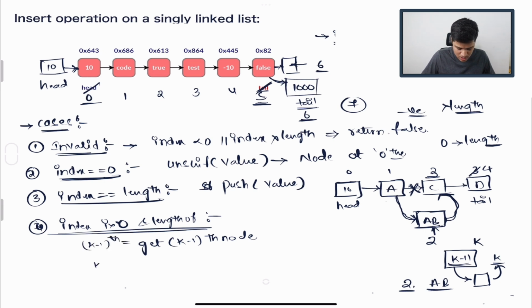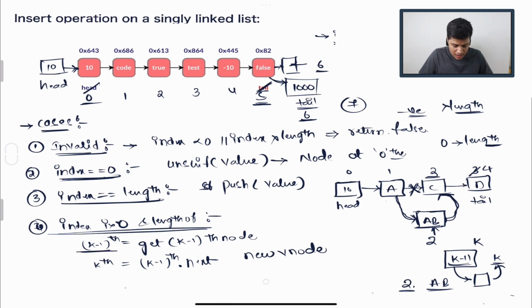Now the kth node will be this k minus 1th node dot next, right? Now with whatever value the user has passed, we will create a new node. Now this k minus 1th node next should be this new node that we have created. That's why k minus 1th node dot next will be equal to new node.